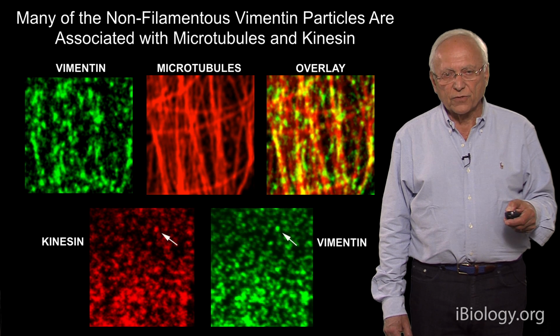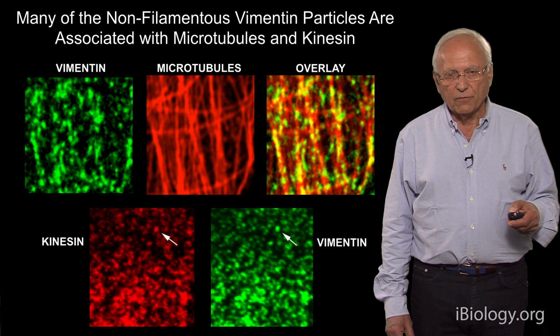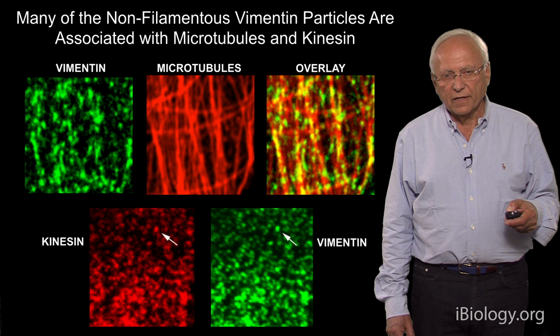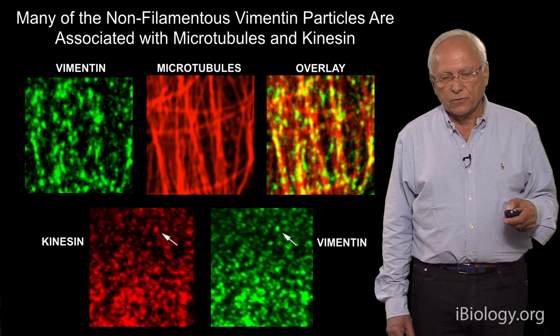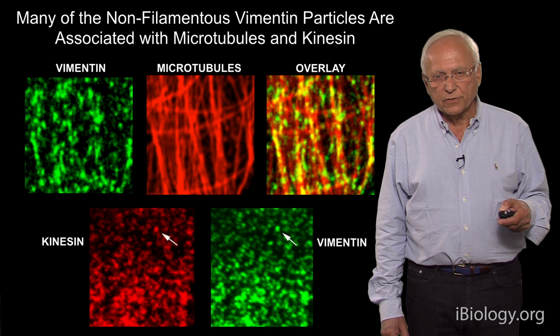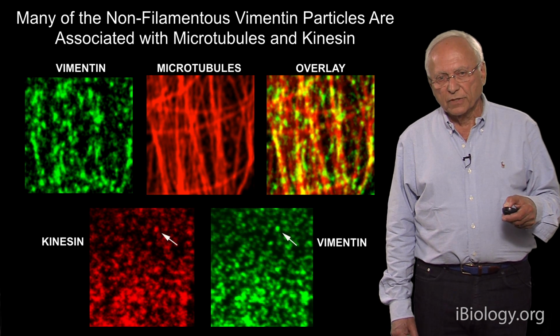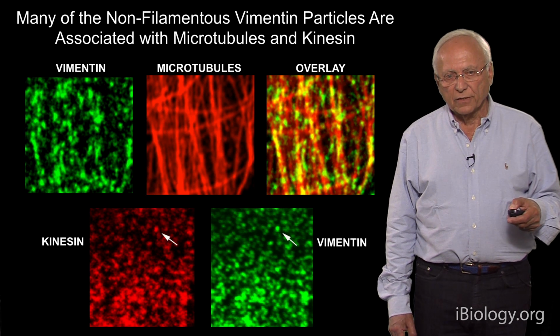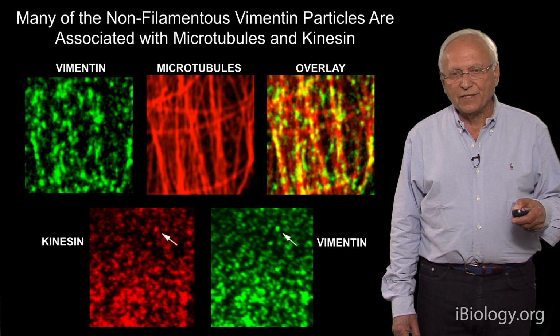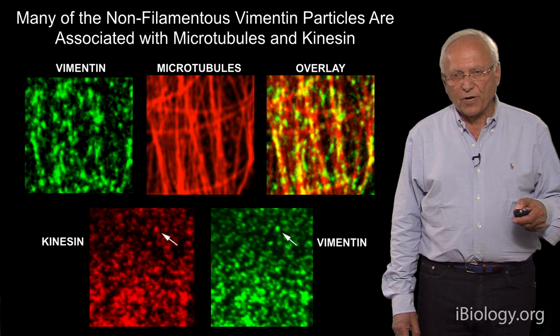And in fact, those Vimentin particles, especially moving at high rates of speed, can be co-localized when you fix and stain using double immunofluorescence. And you see here microtubules in the middle in red and Vimentin on the left in green during early spreading.